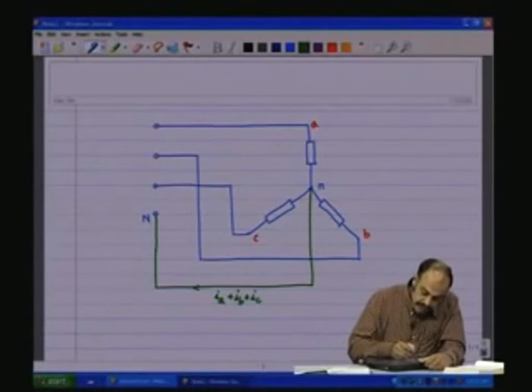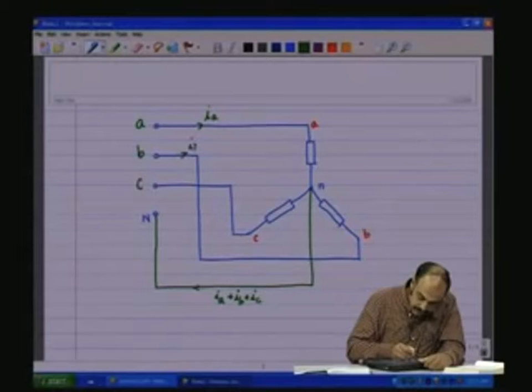Now, what is IA, IB, IC? This is IA, that is the A phase, B phase, C phase. So, you have IB and you have IC.